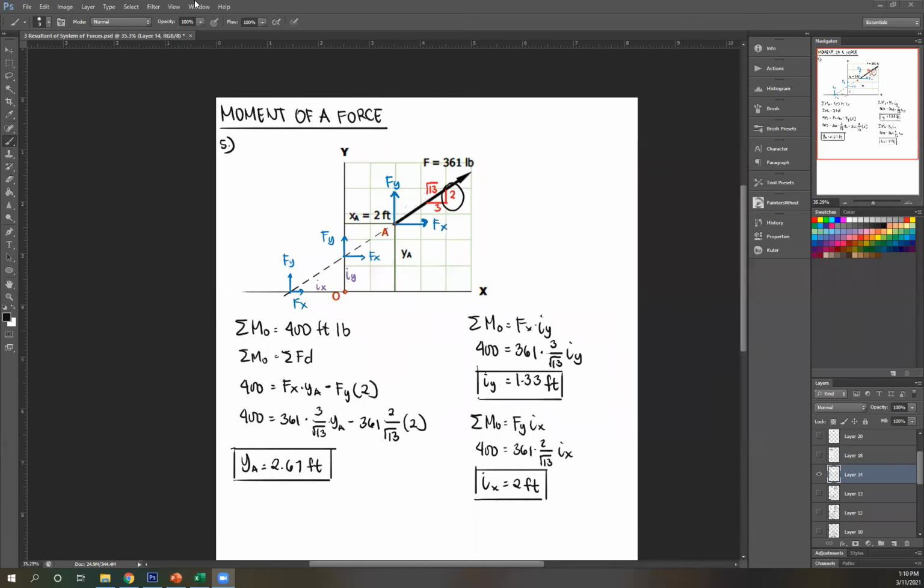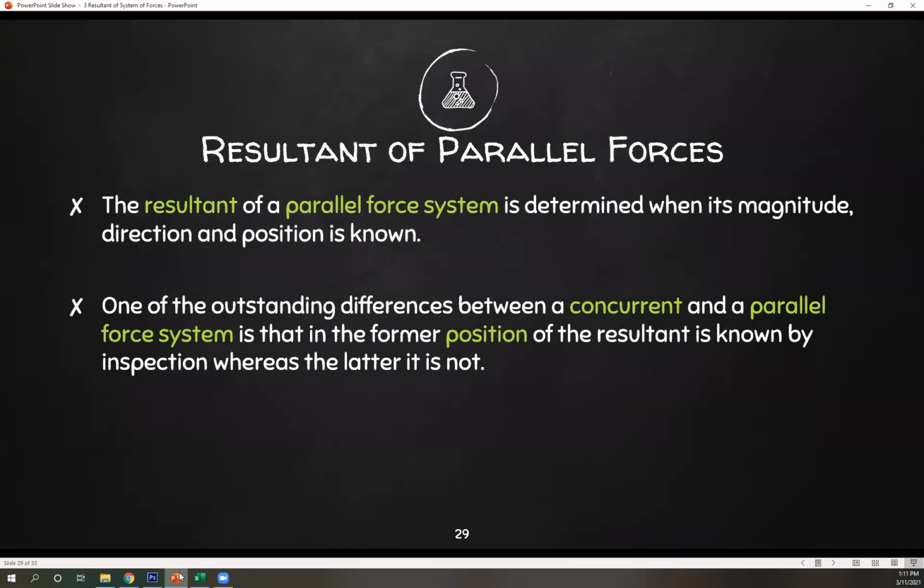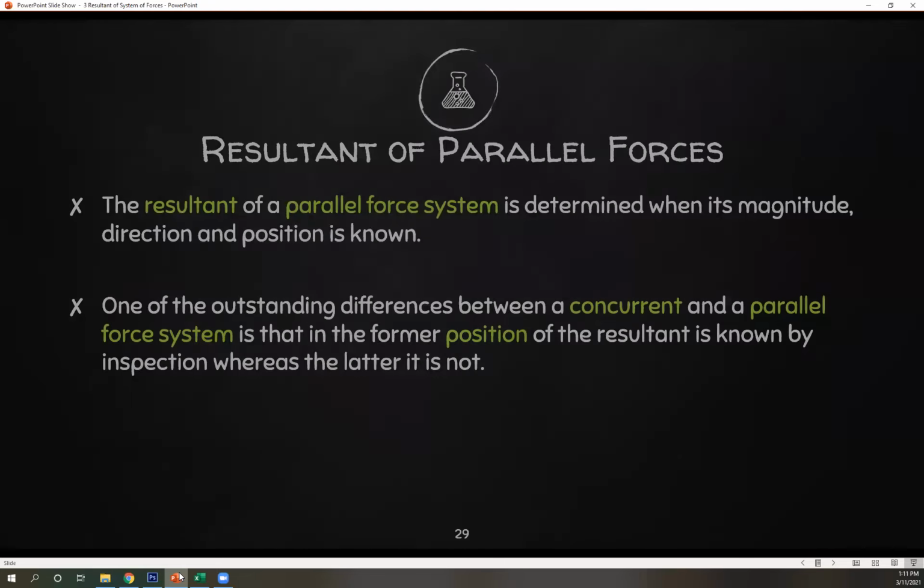Okay, good. So that ends moment of a force. Last topic for today is resultant of parallel forces.